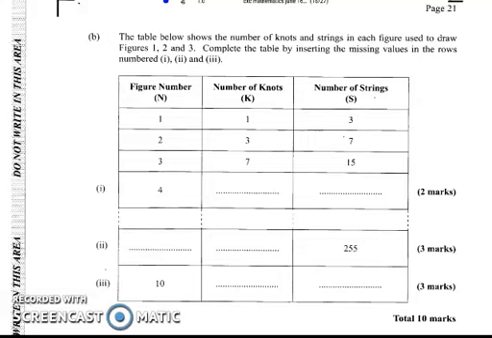We're to complete the table by inserting the missing values in the rows numbered I and II. So we have this table here. We have figure number to the left, which is N. We have knots K, and we have strings S.